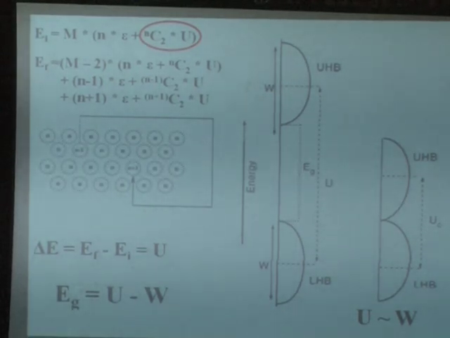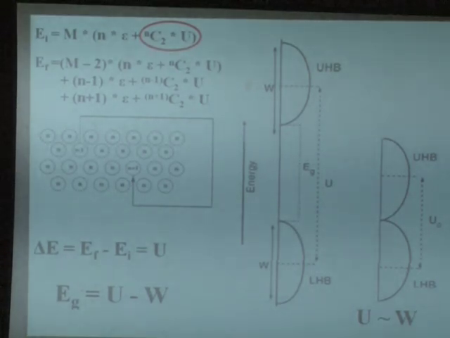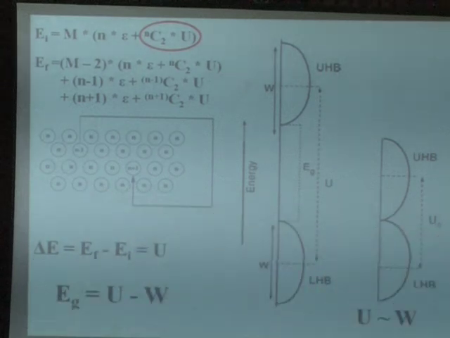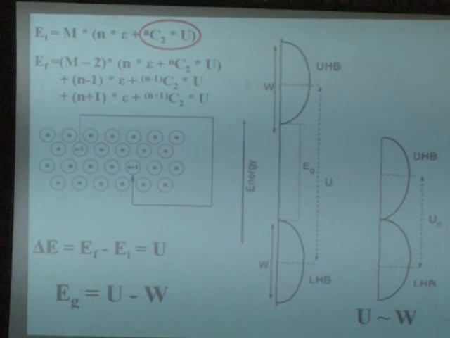When you solve that, essentially this picture that I have brought out more pictorially and intuitively for you emerges. These are called Hubbard bands, attributed to Mr. Hubbard, and this being the lower of the two, it's called the lower Hubbard band.